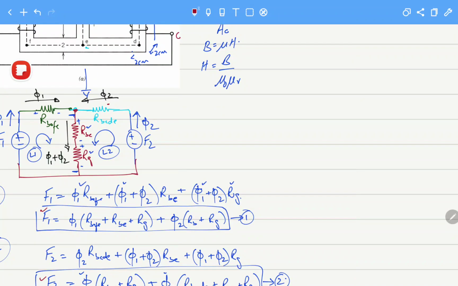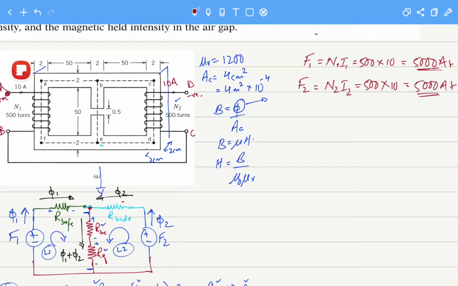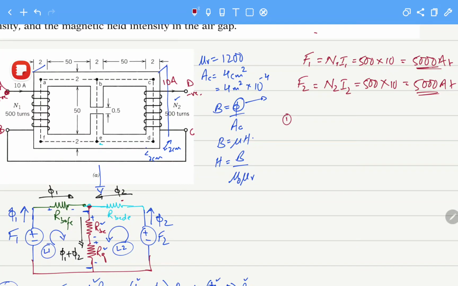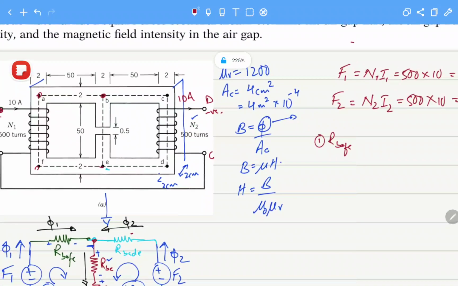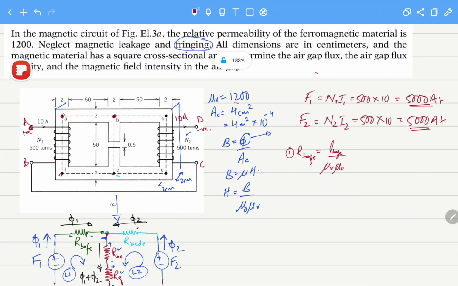Now let's look at the reluctances. One of the first reluctances that we need to calculate is RBAFE, that is from point B, A, F and E. So how can we calculate this? R equals the length BAFE over mu r, mu naught, into the area of the core. We know the formula. Have they given us the relative permeability?